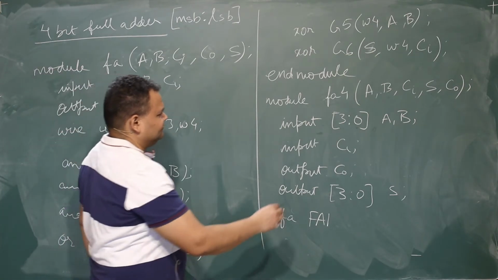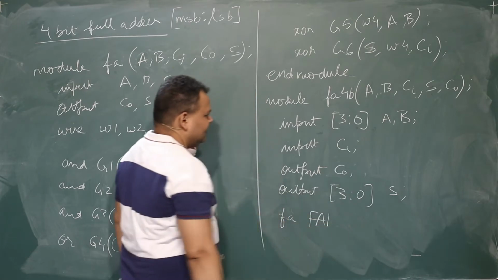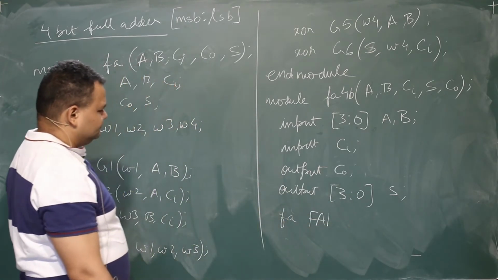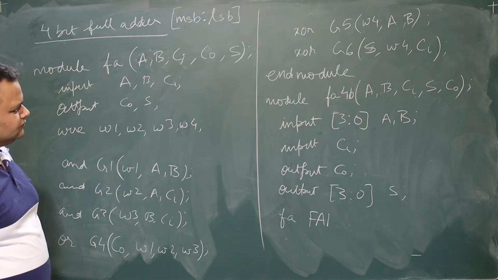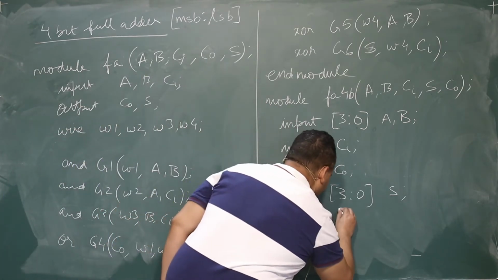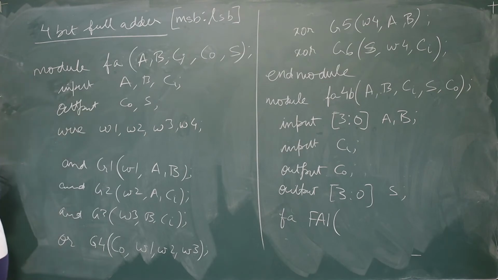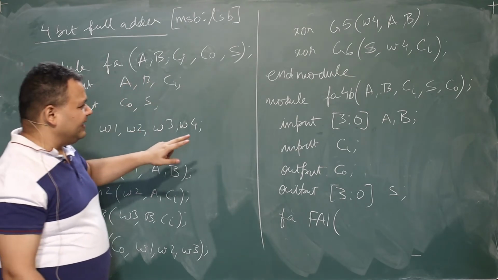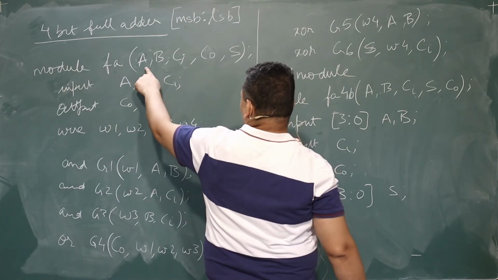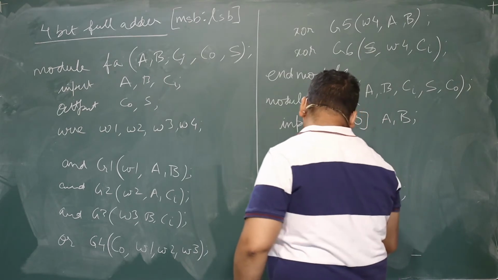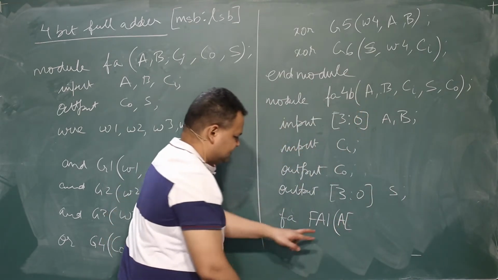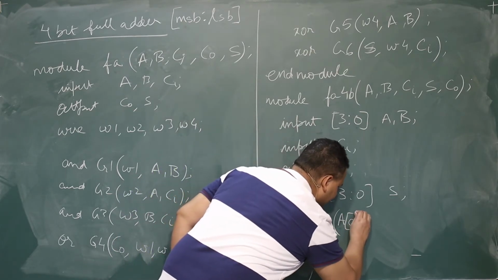The inputs will be the least significant bit of A, the least significant bit of B, and CI. So we are calling the first full adder. The input of that is going to be your first bit, the least significant bit. Which is the least significant bit? You will use the notation like this: a square bracket 0.